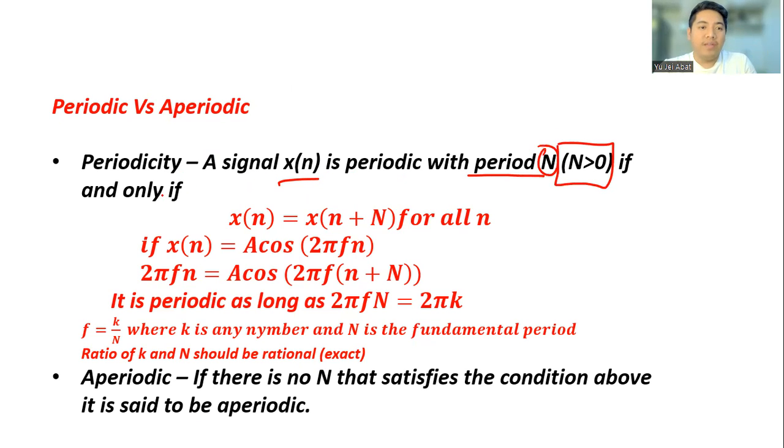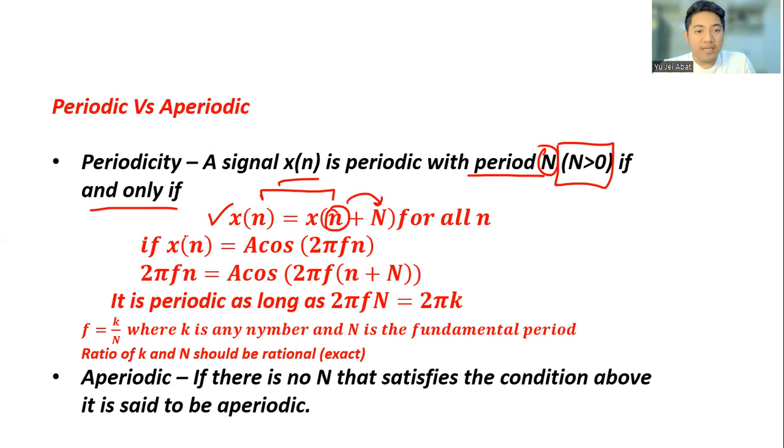N is the period if and only if x of n equals x of n plus N, where n is any number plus the period. If these two are equal, we can conclude that the signal is periodic.